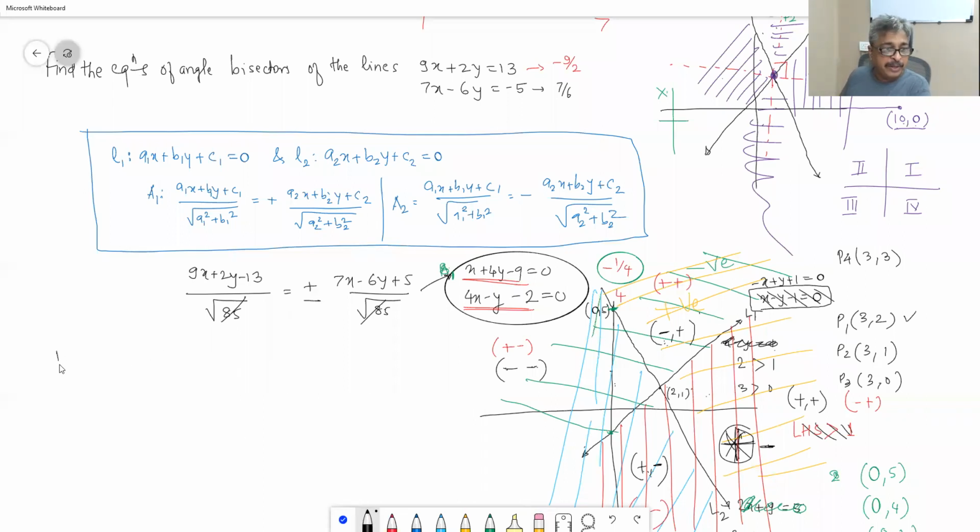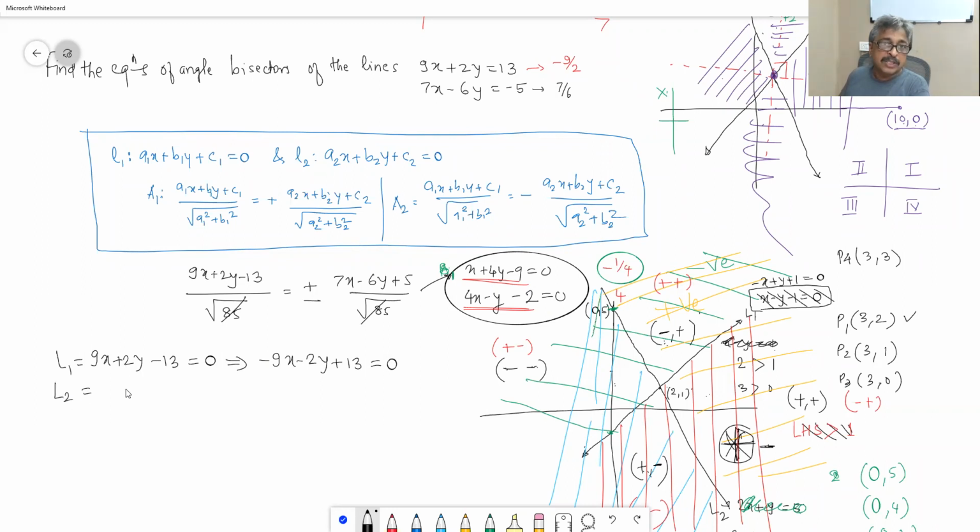L1 is given to be 9x plus 2y minus 13 is equal to 0. But I will use L1 as minus 9x minus 2y plus 13 is equal to 0.